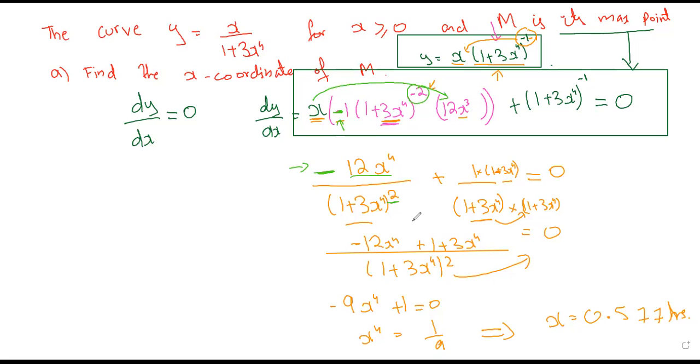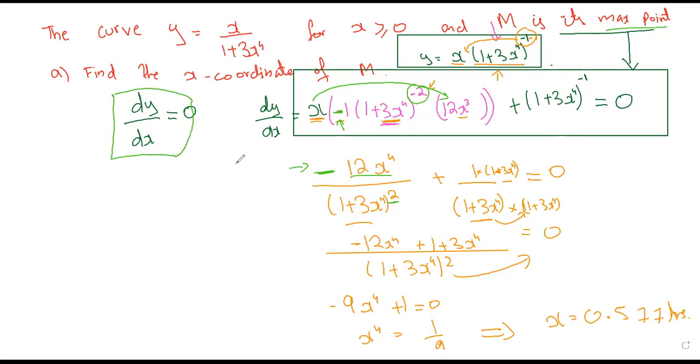Yes. Anything else that you have not understood? No, it's fine. Okay. So again, the important thing is that whenever we are told that it is a stationary point, which could be a maximum point or a minimum point, immediately you should know that you will do dy by dx equals 0.